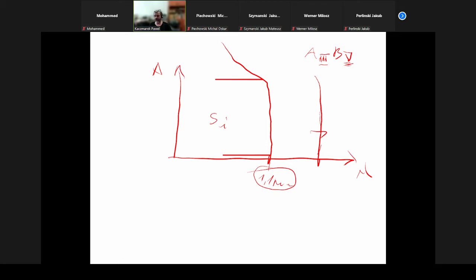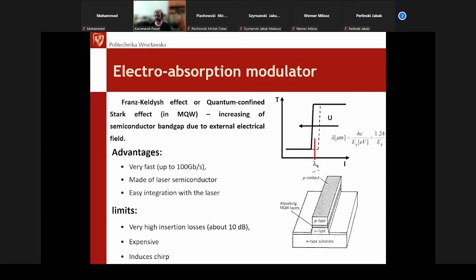And this edge is slightly dependent on the electrical field inside such a semiconductor. So by applying an external electrical field, we can simply move this absorption edge slightly. So if we have a laser operating near this absorption edge, changing this band gap energy slightly can act like some kind of a shutter.